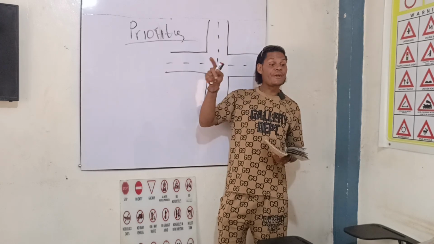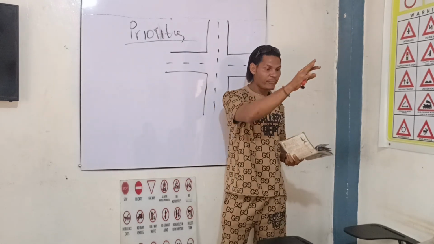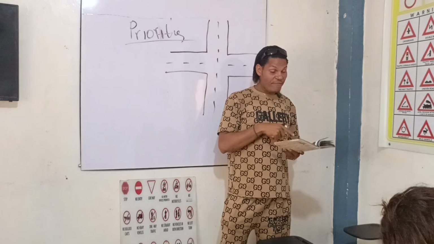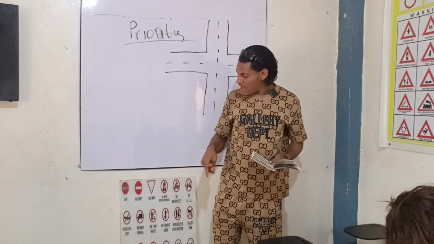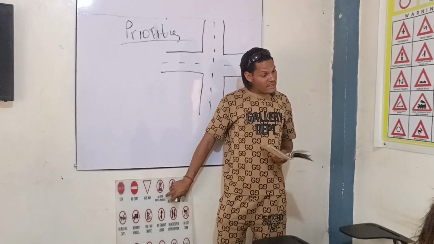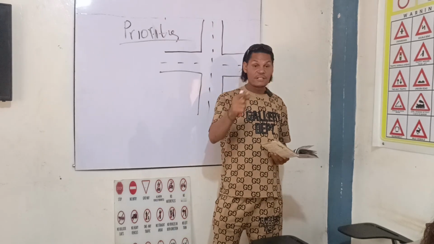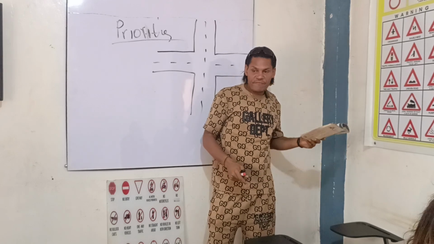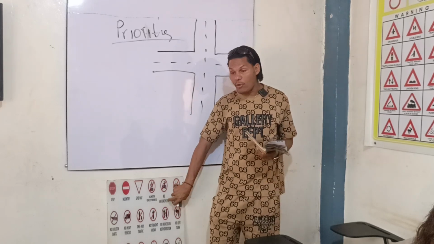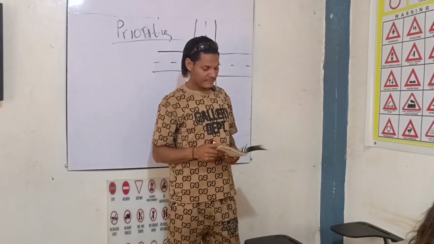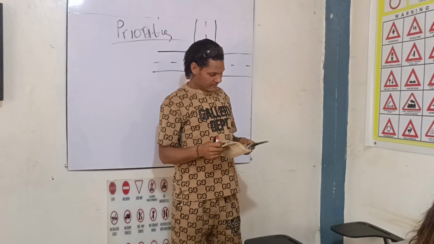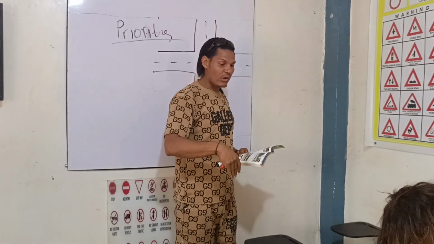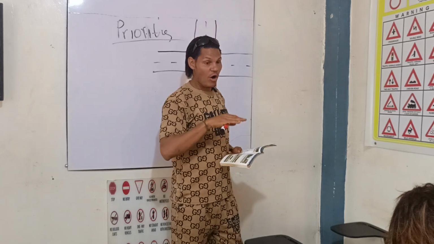So if the light is showing green and the police officer is telling you to stop, you obey the officer, not the traffic light. And the traffic light takes precedence over road signs. If the road sign is telling you stop and the traffic light is telling you pass, you obey the traffic light. When there is no traffic light and no police officer, then you can follow the road signs. That's the order of importance: the policeman comes first, the traffic light second, and the traffic signs third.